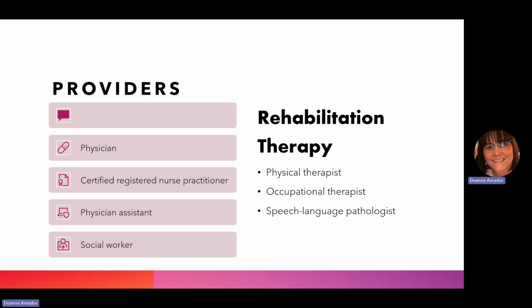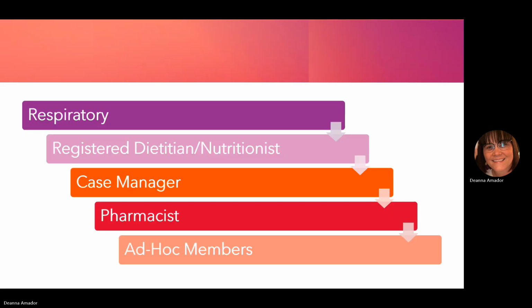And then, like I already said, this helps with the clarification between physical therapy and occupational therapy. We already know that respiratory therapists specialize in airway management. Nutrition obviously focuses on the patient's nutritional needs.